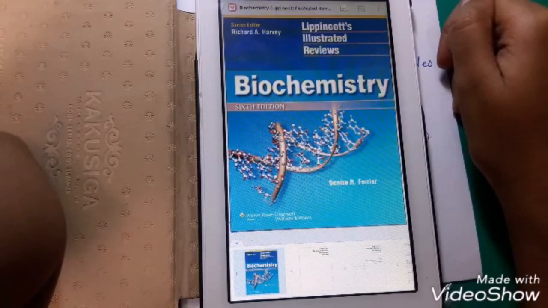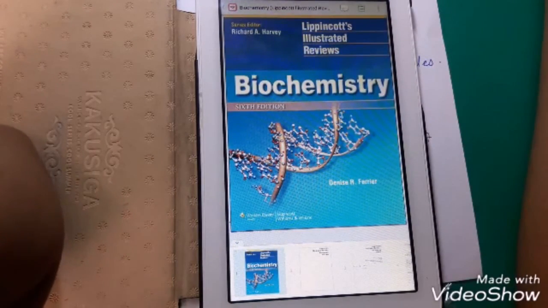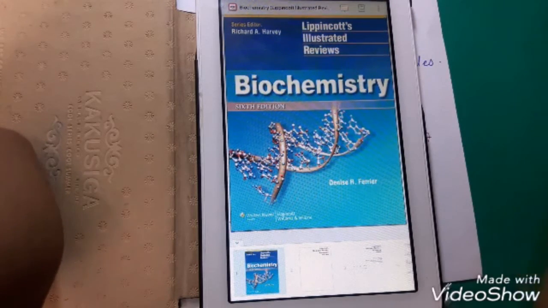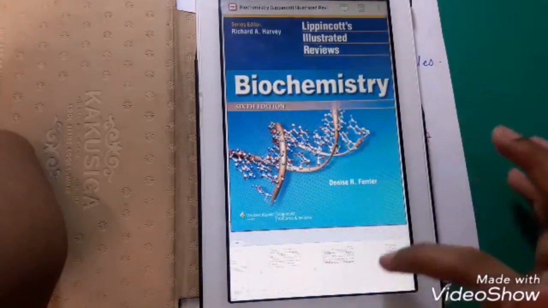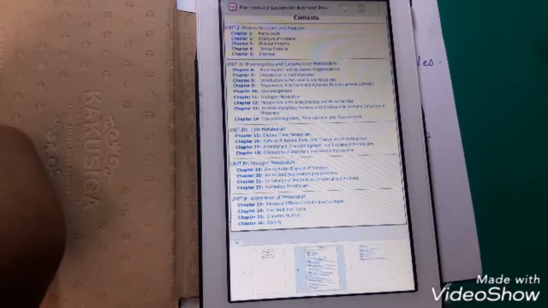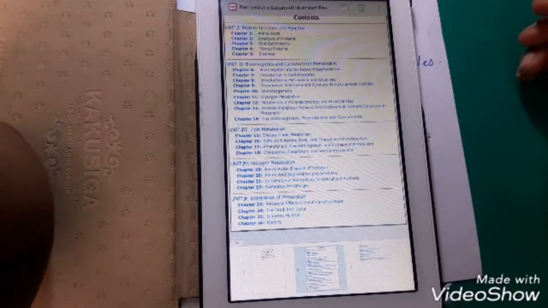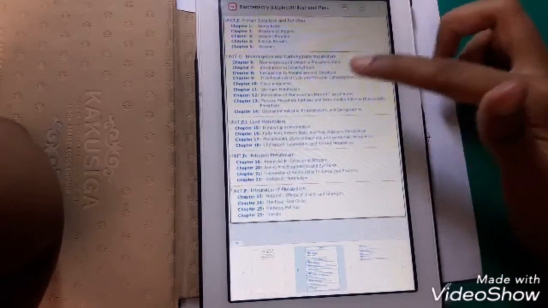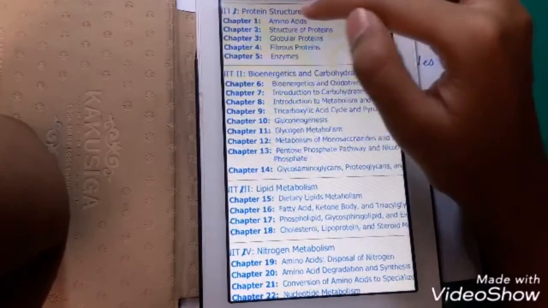The writer for this is Richard A. Harvey. I think this book is quite easy to understand. The language is easy. So these are the topics in this book. These topics we are going to cover in our future videos. And today we saw amino acids.